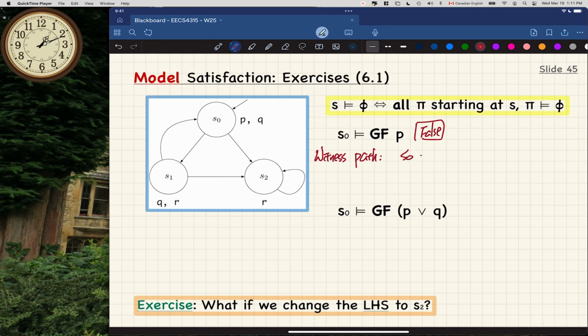Let's say S0 and then S2, S2. I'll give you two explanations over here. You can say that starting from S2, there is no future point.